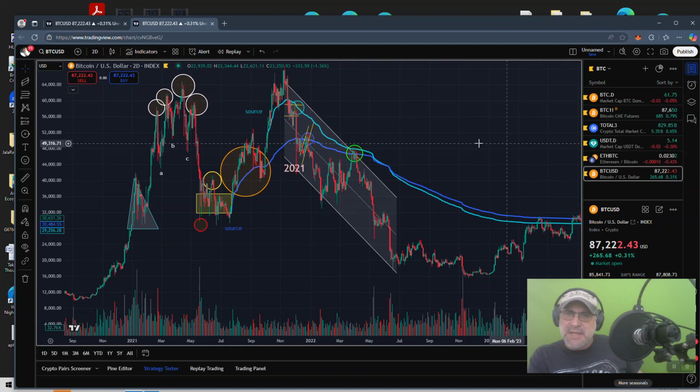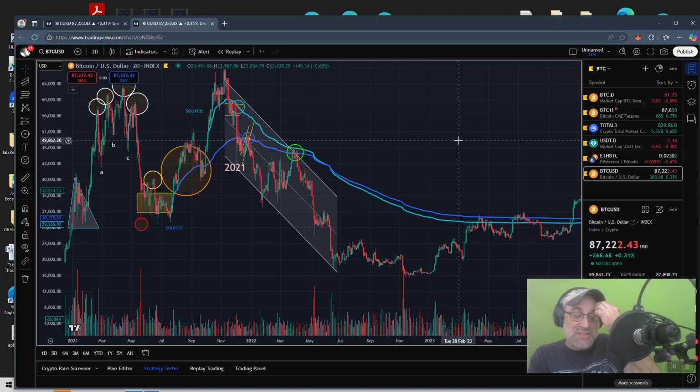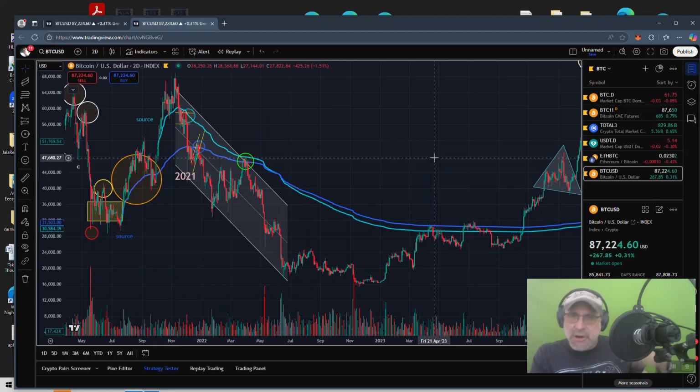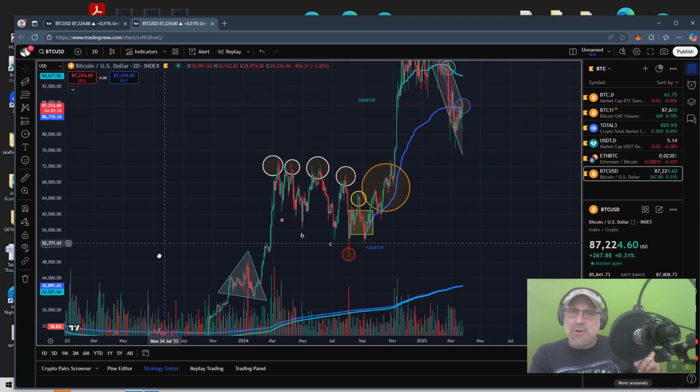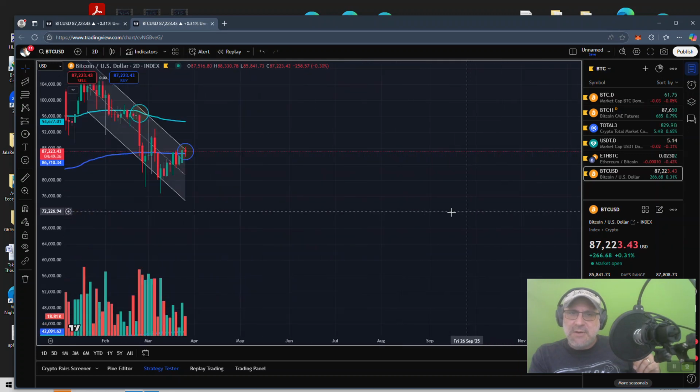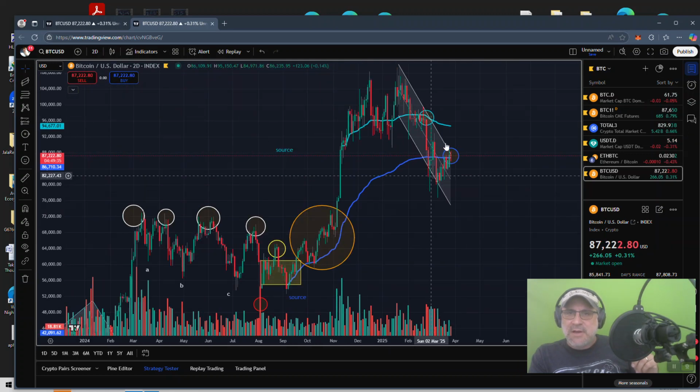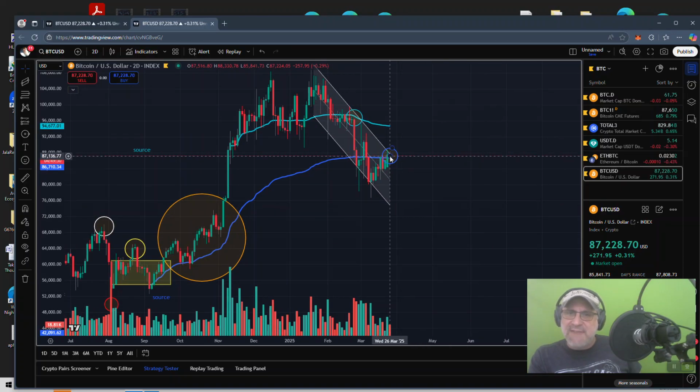Then we could see something like these macro bear markets, like the 70% down, 60% down. That's where, worst case scenario, we can go back down and visit the 40s and the 30s. So this is where we are now in the macro. These lines haven't crossed yet, but we have to hold this.